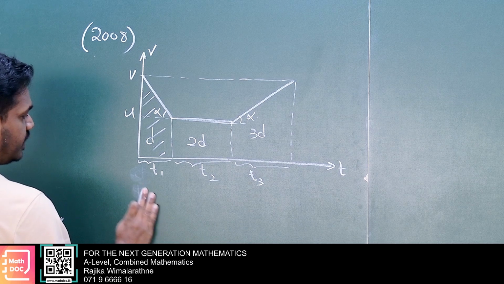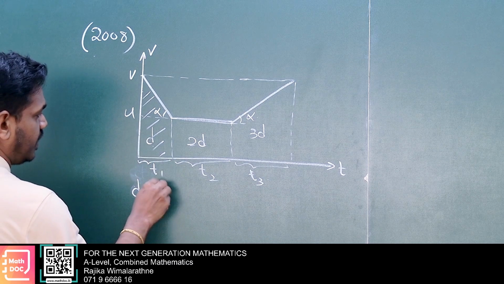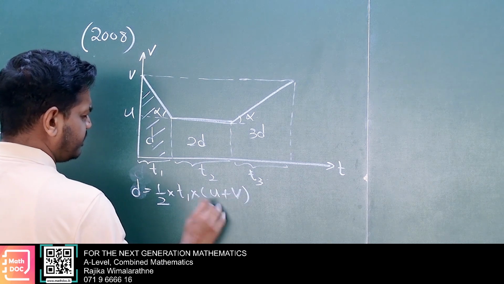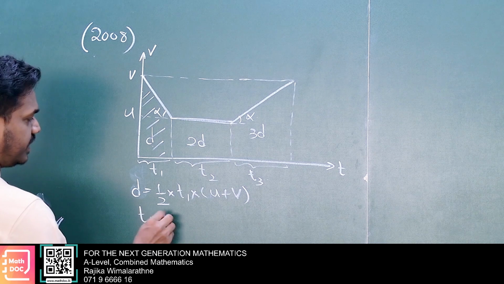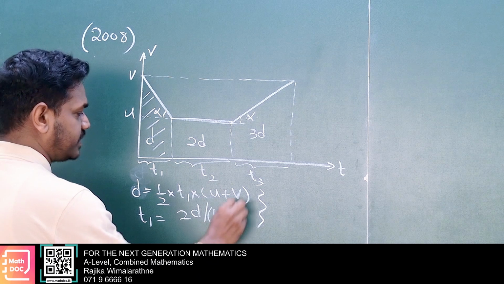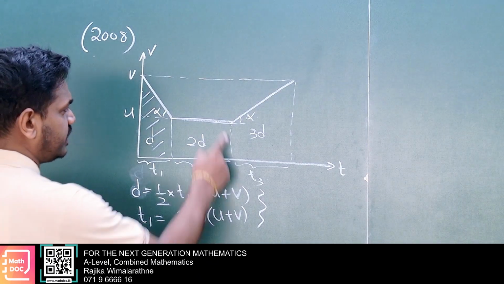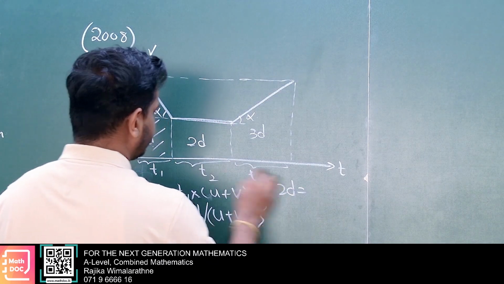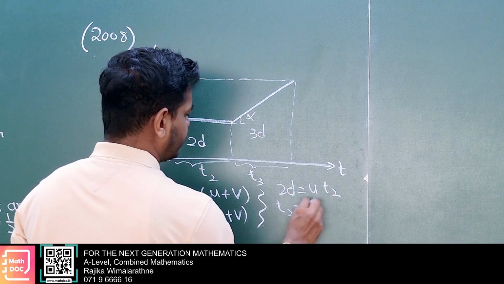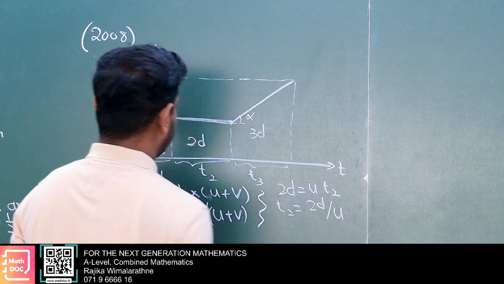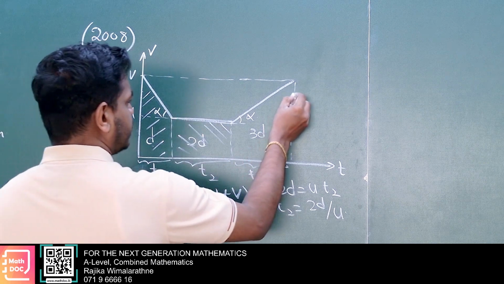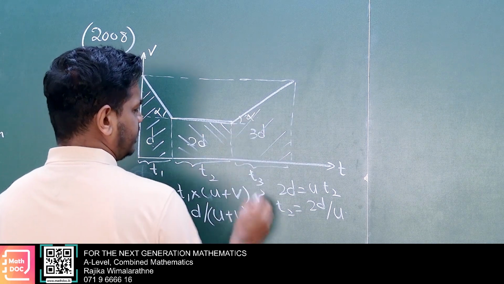Therefore, d equals half into t1 into u plus v. Therefore t1 equals 2d over u plus v, first relation. Then second, 2d equals u into t2. Then t2 equals 2d divided by u.